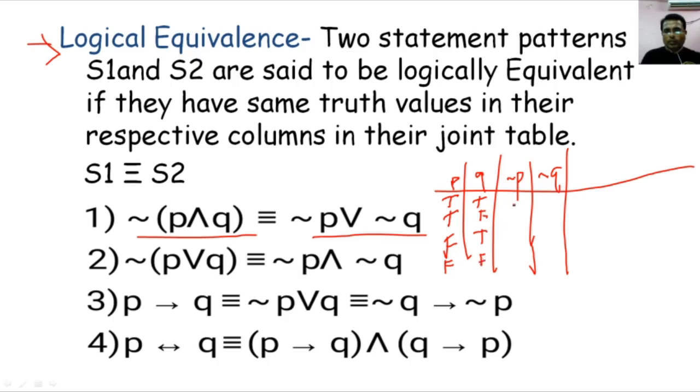Then negation P will be opposite to P, that is false. Then second value is also false, then true, and here true. Negation Q will be false, true, false, true.